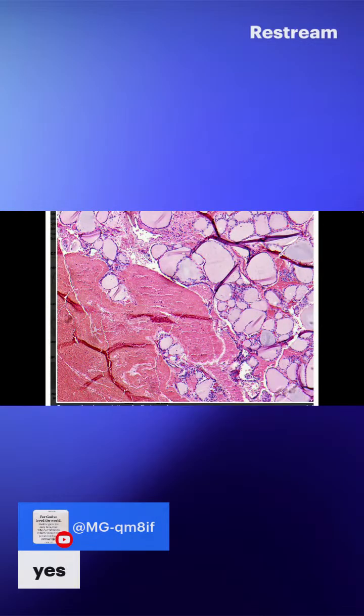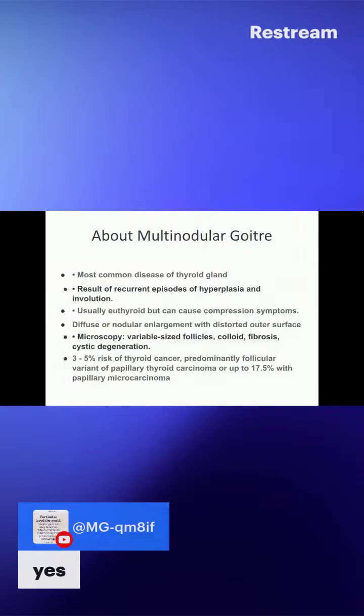But if you see hemorrhage, a lot of fibrosis, a lot of cystically dilated or colloid nodules, and you can see clinically that the patient has a very enlarged thyroid, all these can give you the information that this patient might have multinodular goiter. There is a 3 to 5% risk of thyroid cancer, predominantly follicular variant of papillary thyroid carcinoma.